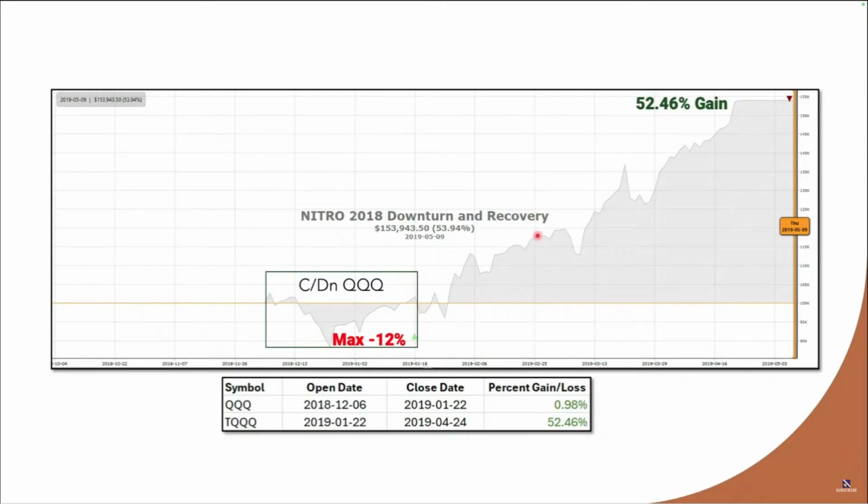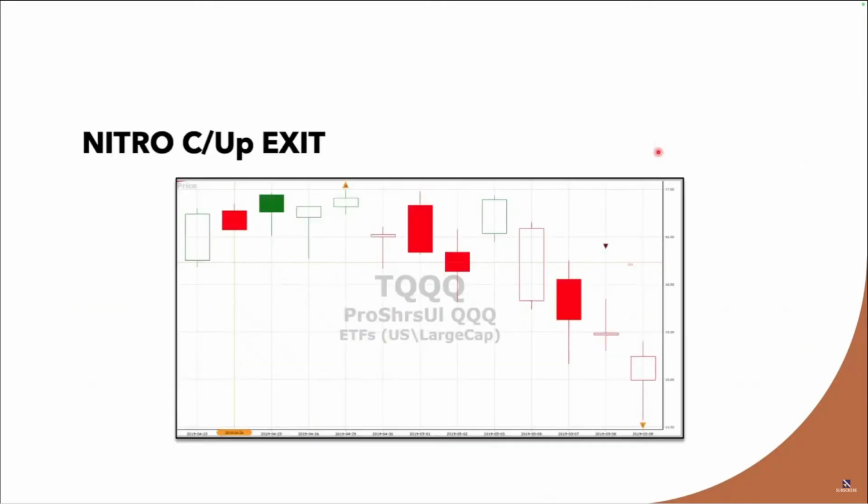Then it went ahead and gained, hit the 50% gain stop and got out of the trade. A couple of days later, lo and behold, the market got to its peak. And that's what happened here. So it hit that 50% gain for Nitro, and the high of the market was right there.